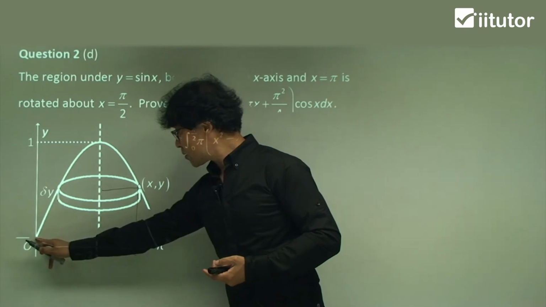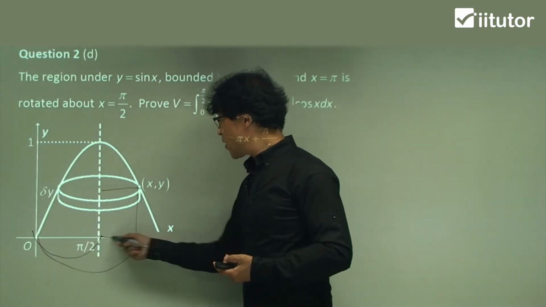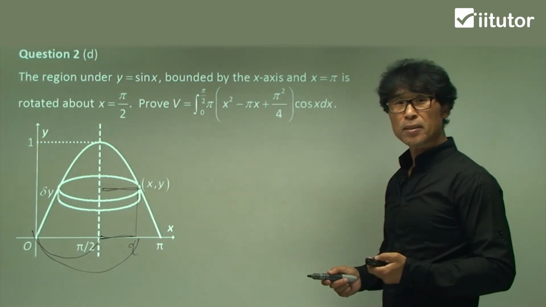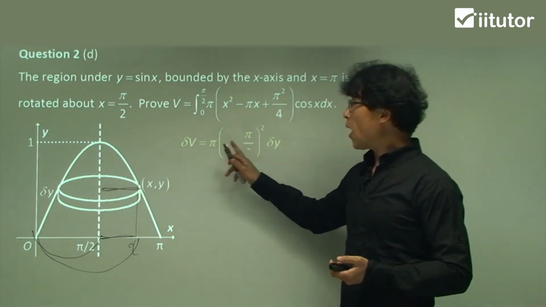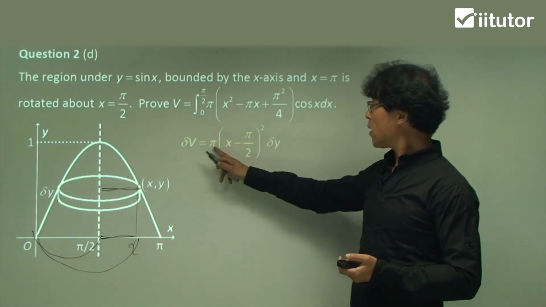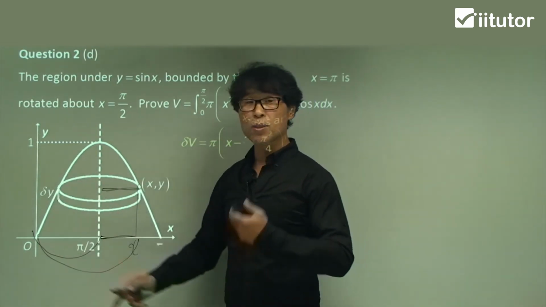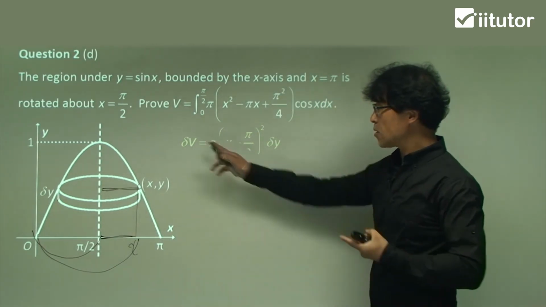So x minus pi on 2 is the length of the radius here. Does it make sense, right? So then we can write over here pi r squared. So pi times the radius squared, and then times the thickness, which gives the volume of the unit, delta volume. That's the delta volume.